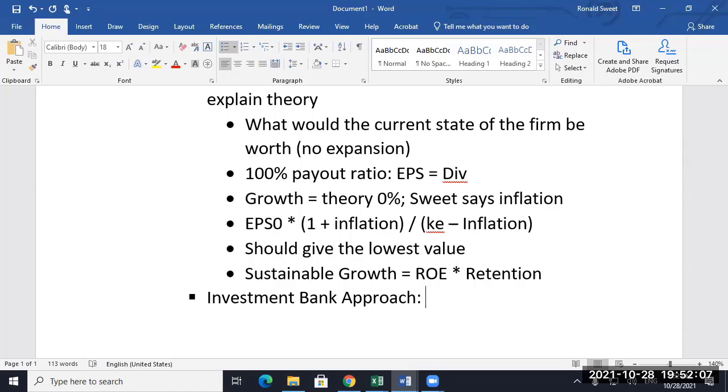Damodaran doesn't care much for it either, so I'm in good company there. But it's so heavily used, and if you interview with an investment bank, you better know this approach. We're going to leave this to paper 7. This is the valuation you're going to have at the very end to bring everything together.